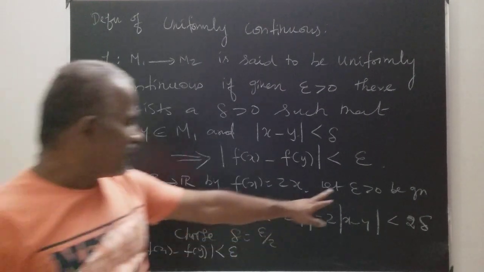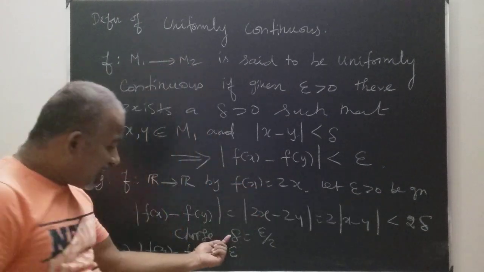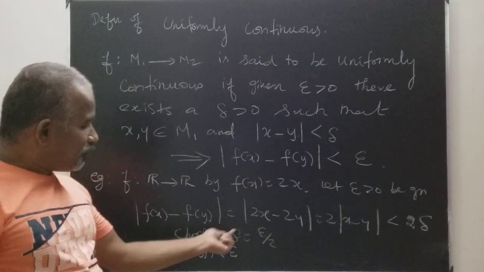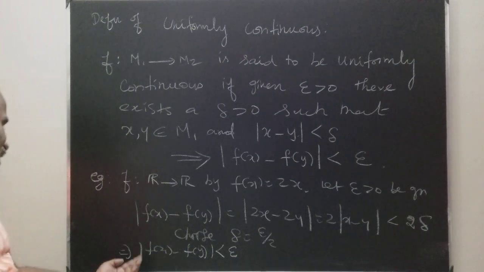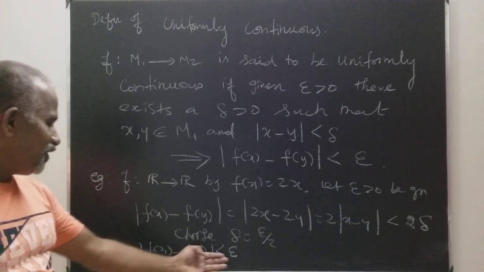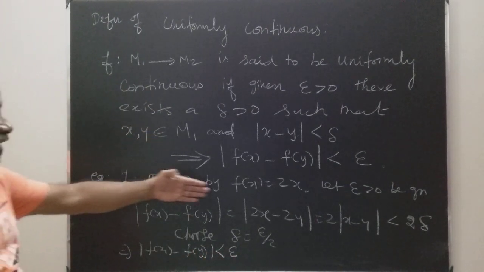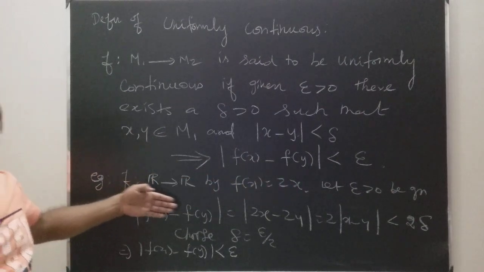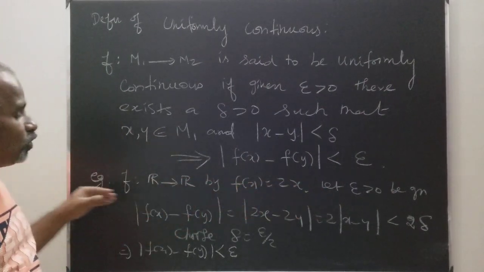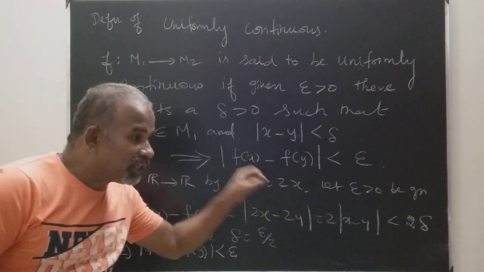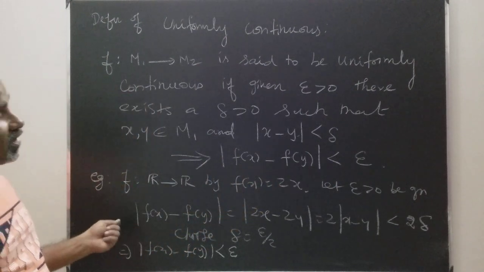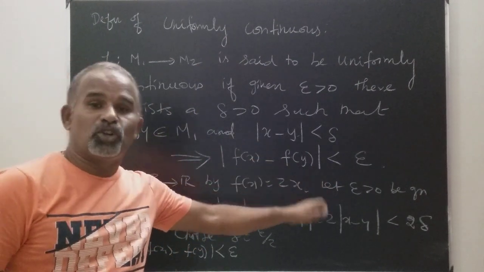So given epsilon greater than 0, there exists a delta. Delta depends only on epsilon, such that modulus of f of x minus f of y is less than epsilon. Therefore this function is uniformly continuous. So no need to prove f is continuous at a, then f is continuous at every point of that particular domain.